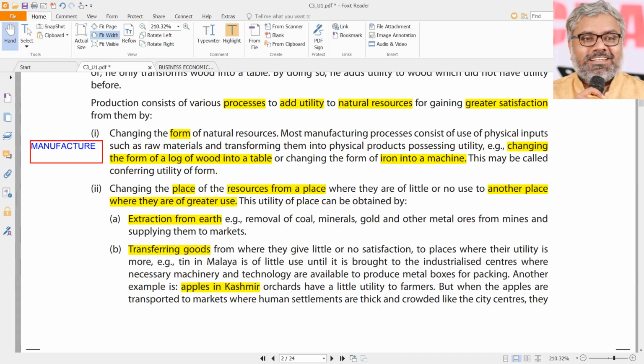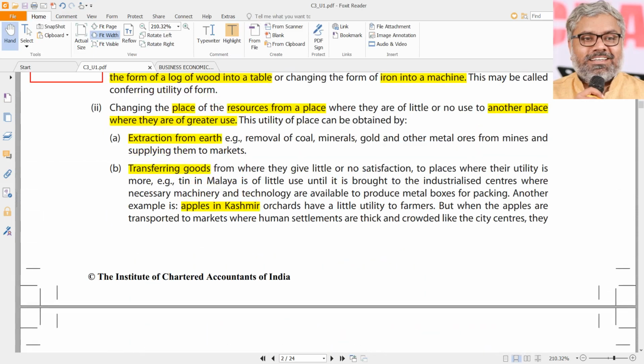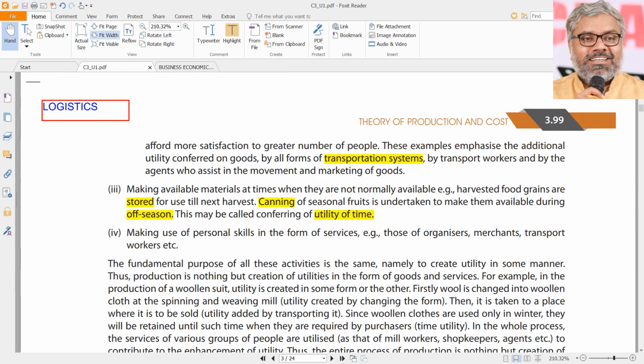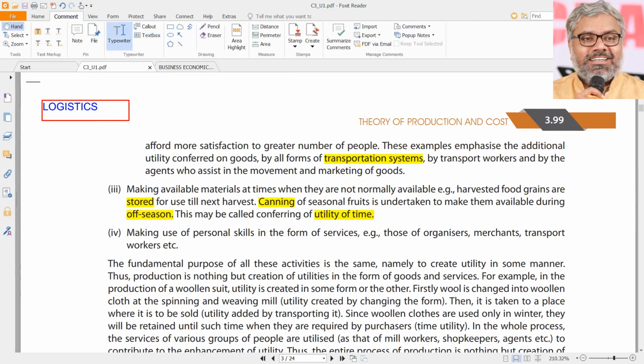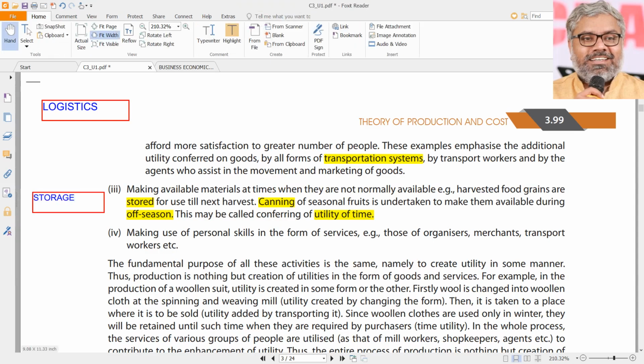So that is the first thing. Form utility is created by manufacture. Place utility is created by logistics management, and time utility is created by storage. That's it. These are the types of utilities that the production process creates on a broader basis.